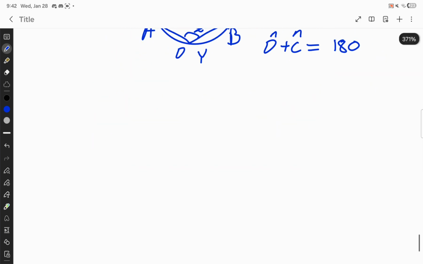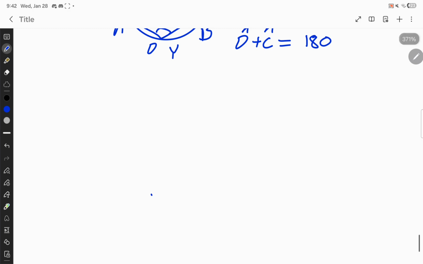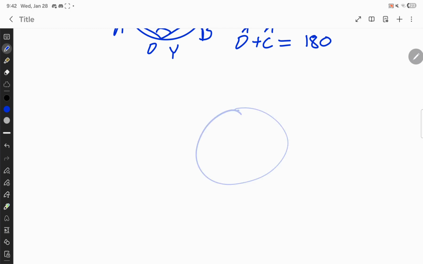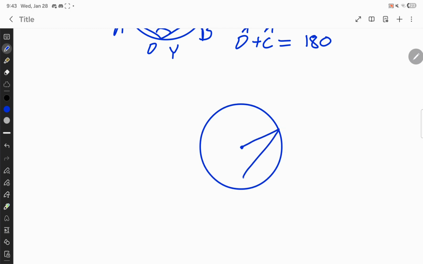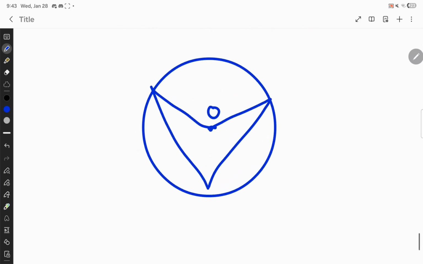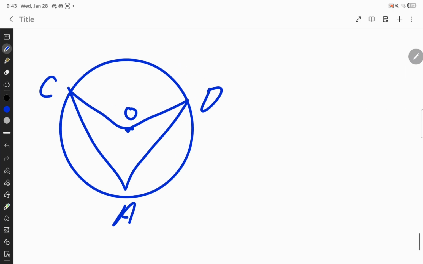Now some people will be confused, and ask: is this a cyclic quadrilateral? No, this is not. Cyclic quadrilaterals are always made by points at the circumference. This is not a cyclic quadrilateral.